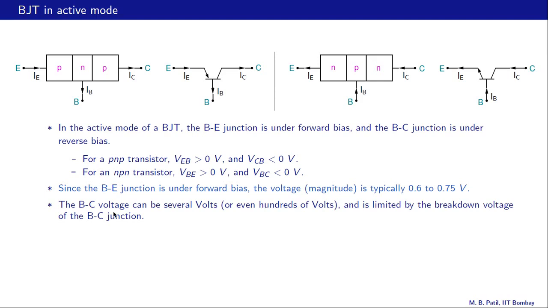The base collector voltage can be several volts or even hundreds of volts, and is limited only by the breakdown voltage of the base collector junction.